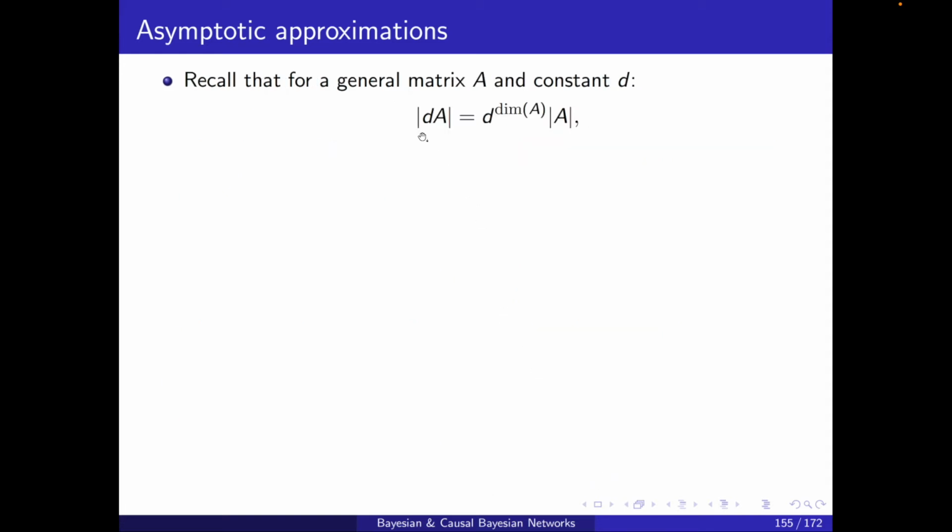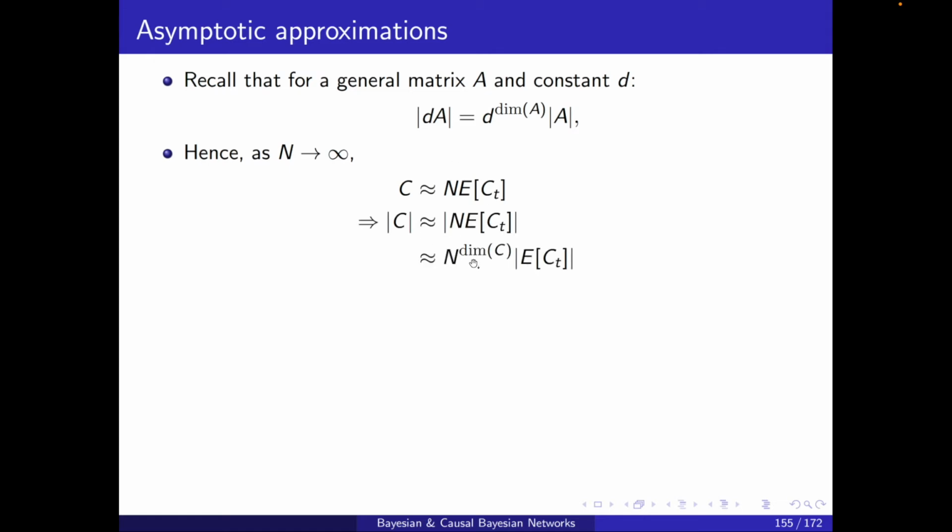Now I want to use this property that the determinant of some constant d times the matrix A is d to the power of the dimension of A times the determinant. And we just saw that C will be approximately this term. If I take the determinant and use this property, then n to the power of the dimension of C_t, which is basically C, will be out of the determinant, and I will have this.